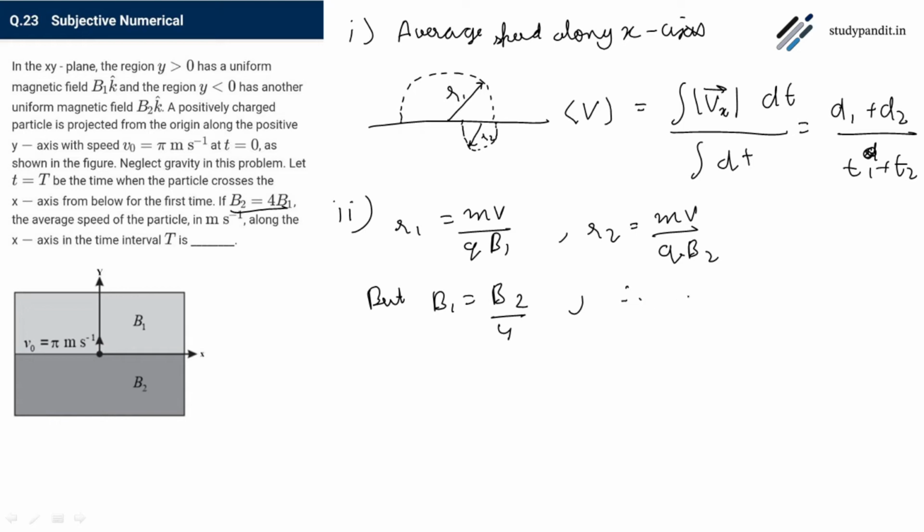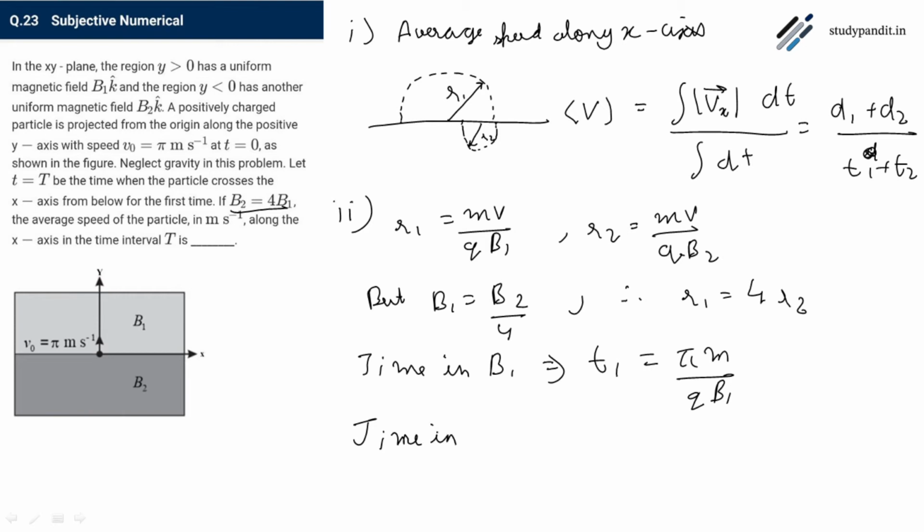So therefore R1 equals 4R2. Time in B1 is given by T1 equals pi m by qB1. Time in B2, T2 is given by pi m by qB2.